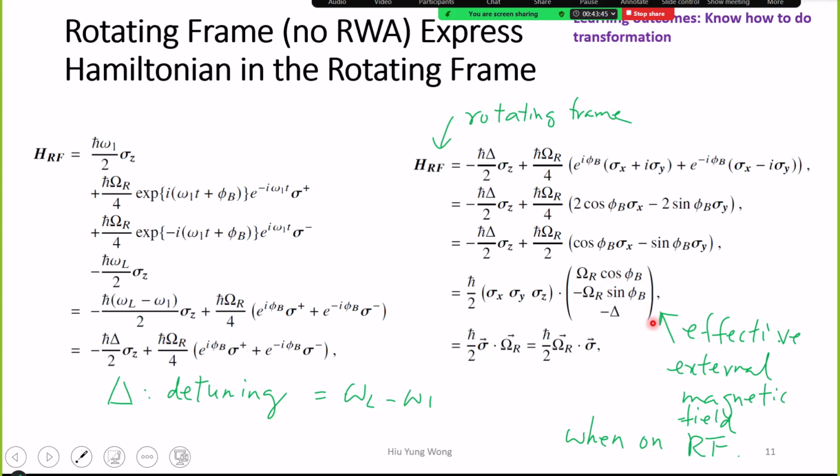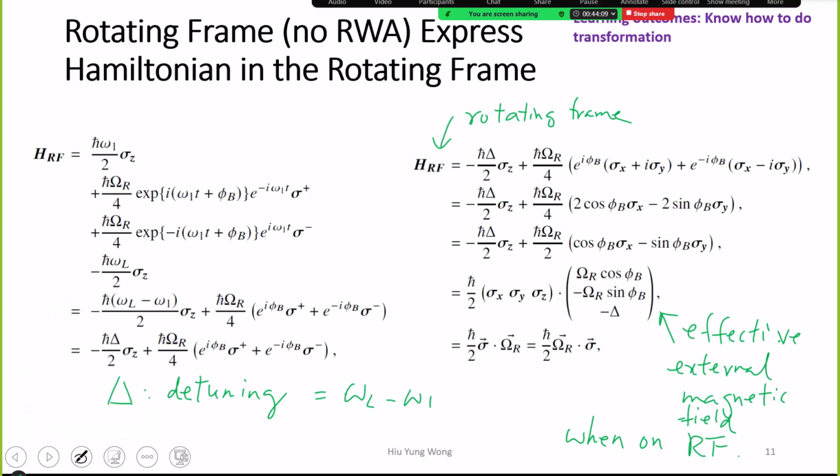So this one gives us an effective magnetic field. But this is not a real magnetic field because of the units, right? I should have e over m or a gyromagnetic ratio here, then it would be the magnetic field. But anyway, it's sigma dot this vector, omega R. And what is omega R?